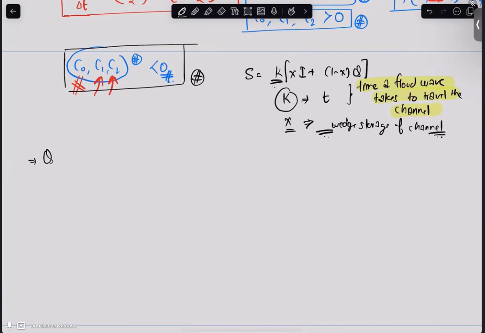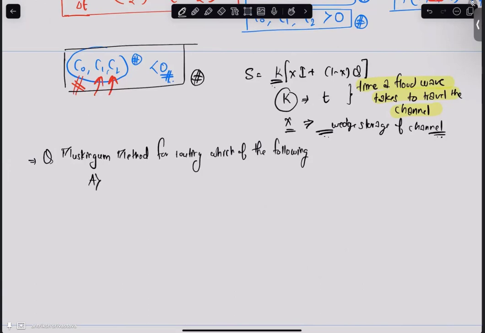So the question is, we use the Muskingum method for routing which of the following? Option A, hydraulic channel.